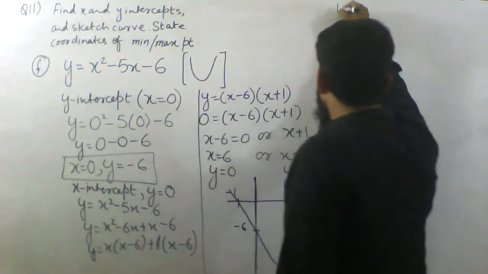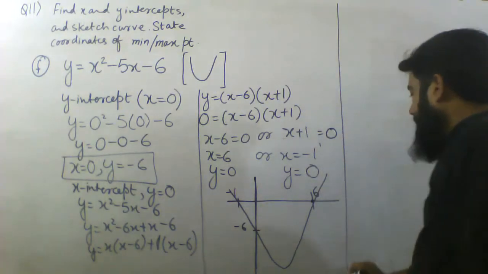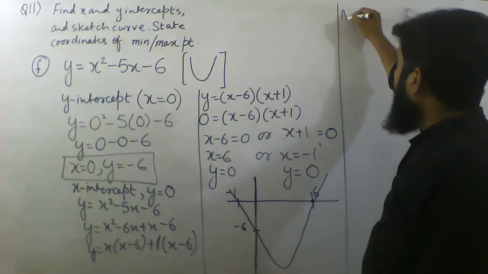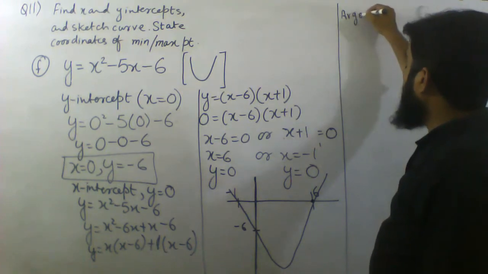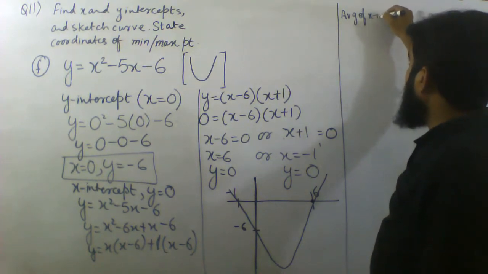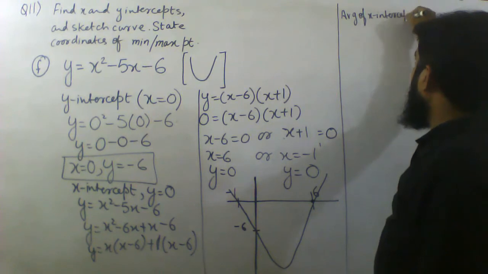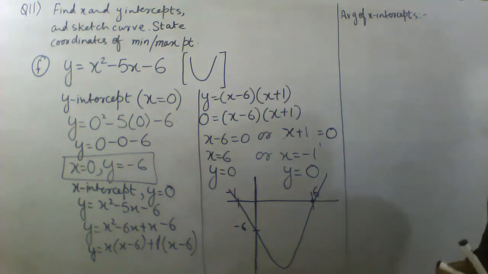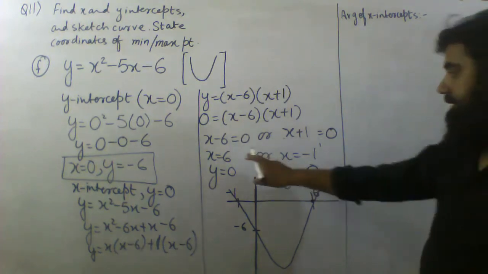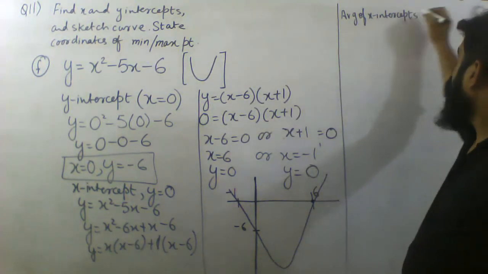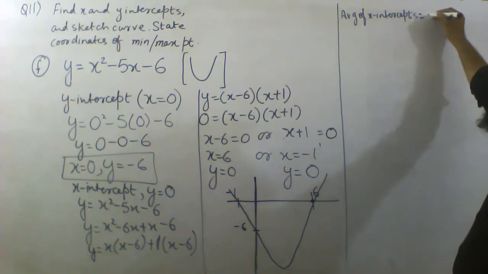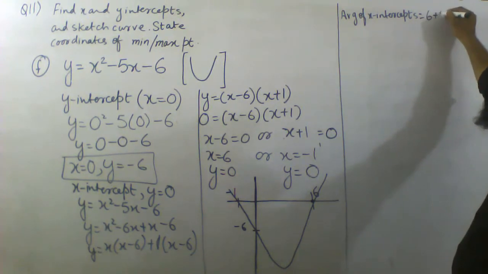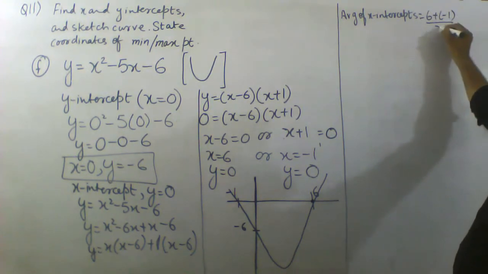So in order to find your coordinate, first of all, I will find the average of x-intercept. What are x-intercept? 6 plus minus 1 over 2.